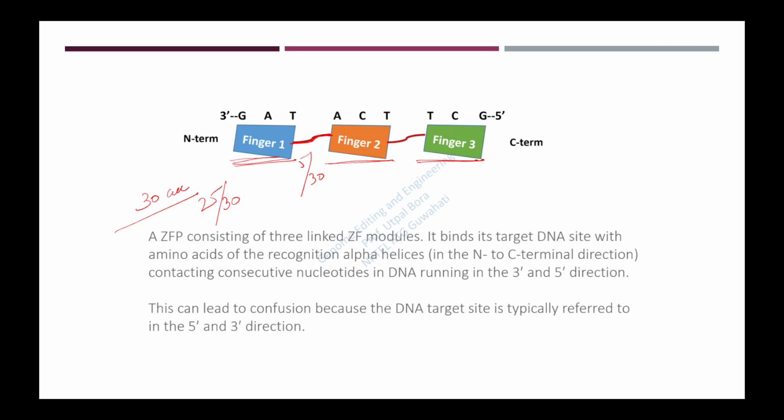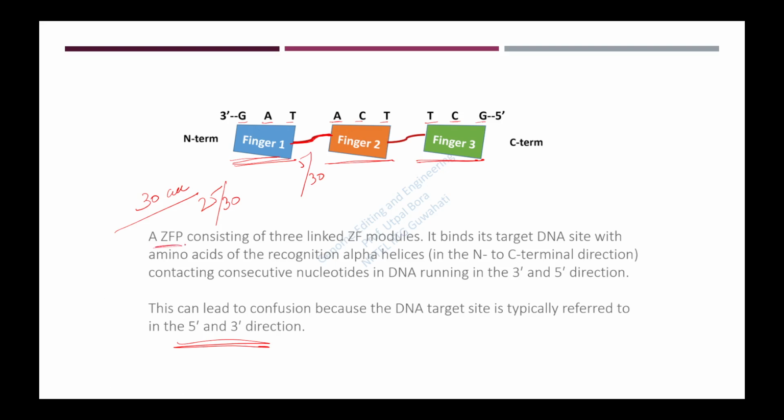One finger can recognize the sequence G, A, T, 3 nucleotides, so 3 bases. Another finger recognizes A, C, T because of the variable amino acids present in its finger-like motif. Another recognizes T, C, G. But this recognition is from 3 prime to 5 prime, unlike the 5 prime to 3 prime direction.